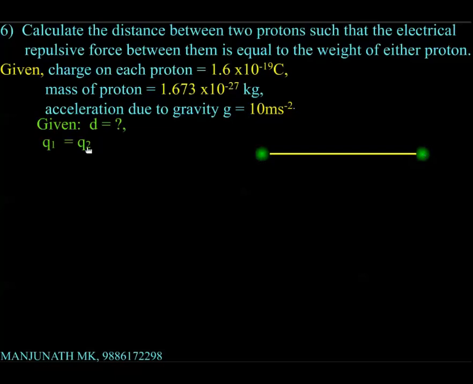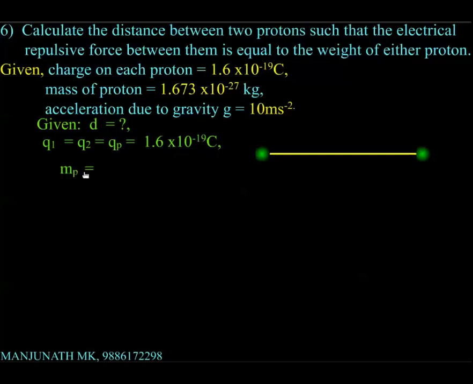Therefore, q1 is equal to q2, which is equal to qp. Charge on the proton, it is given 1.6 into 10 to the power of minus 19 coulomb. So this is the charge on electron. Of course, charge on proton is equal to charge on electron, but on proton it is positive, on electron it is negative. Magnitude is same.